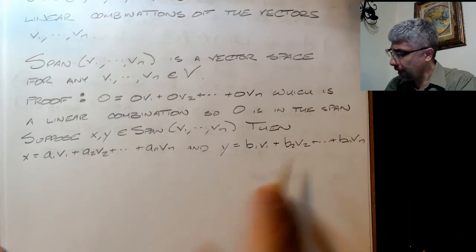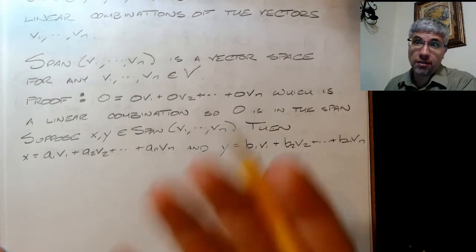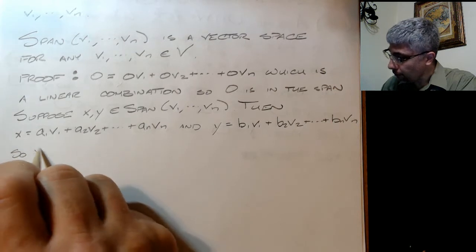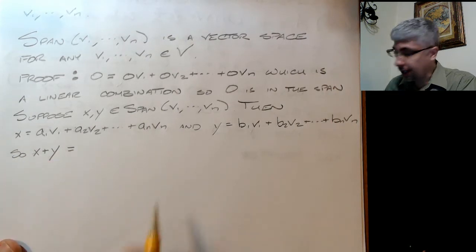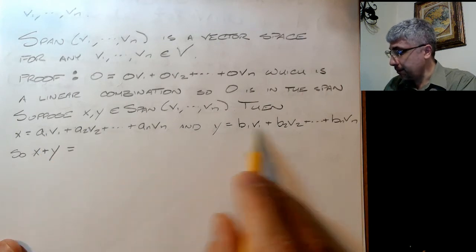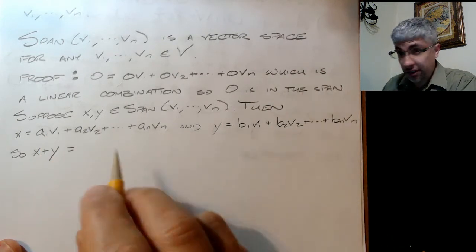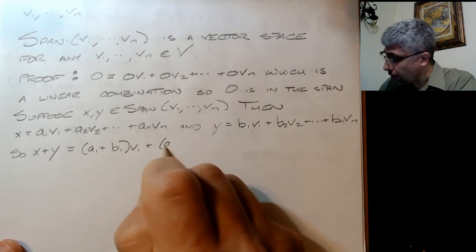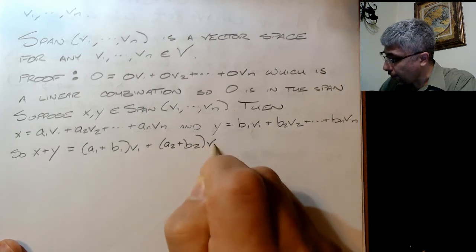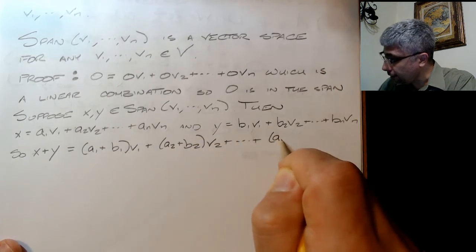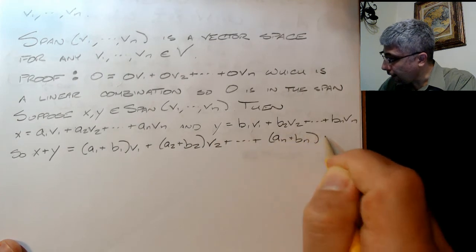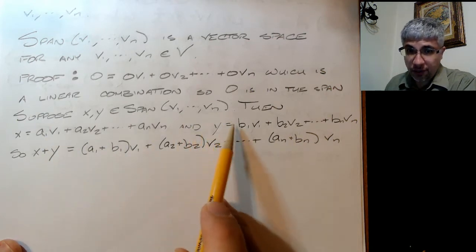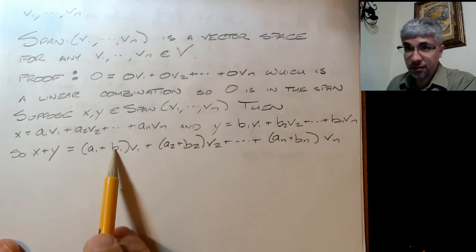Okay, so we have these two elements that are linear combinations because they're in the span. What happens if we add them together? I get this plus this, right? And because of the distributive law, hopefully you see a1 v1, we're going to add that to b1 v1, use the distributive law, and we can write it like this.